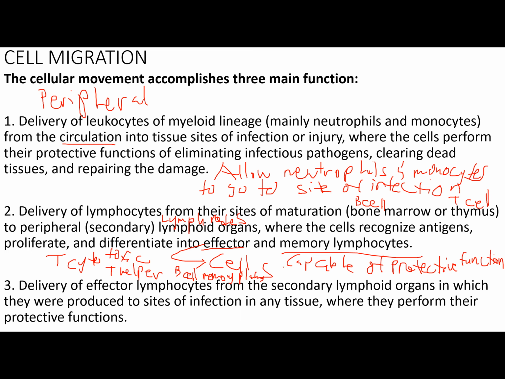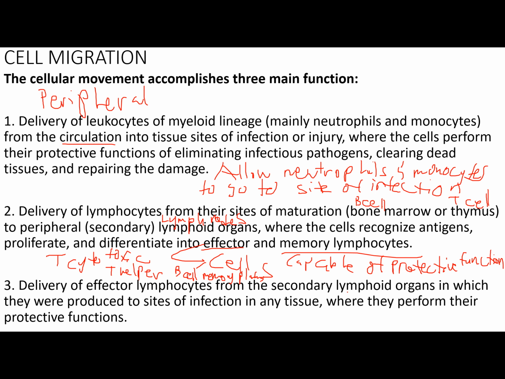And the last function, class, is the delivery of these effector lymphocytes from the secondary lymphoid organ in which they were produced to sites of infection in any tissue where they perform their protective function.